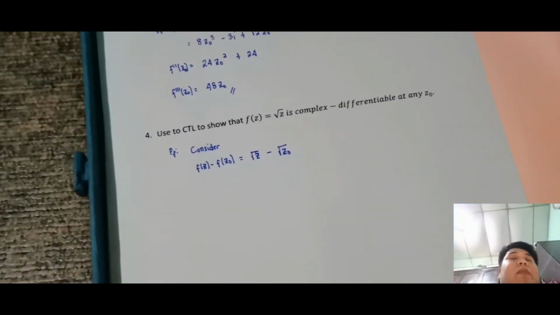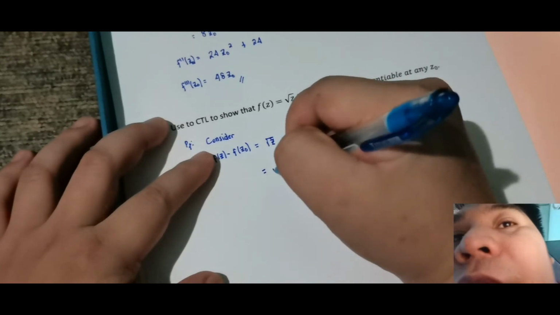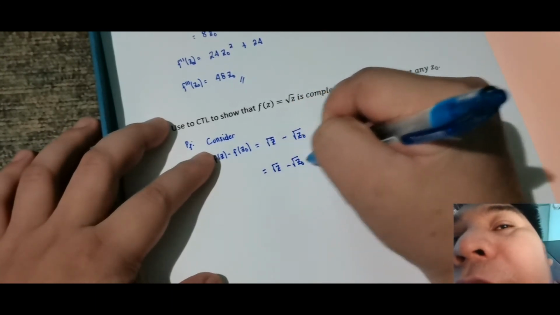Naalala nyo dati sa algebra, kunyari 1 over square root, anong ginagawa mo? Rationalize. So ngayon, ang gagawin natin, derationalize. Anong ibig sabihin ng derationalize? Ibabalik natin yung square root sa ilalim. Yun yung term, derationalize.